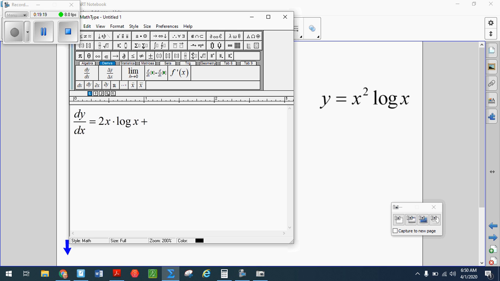That's log base 10 of x. So derivative of that's going to be 1 over natural log 10 times 1 over x, because it's natural log of x over natural log of 10, and then times the first function, which was x squared.